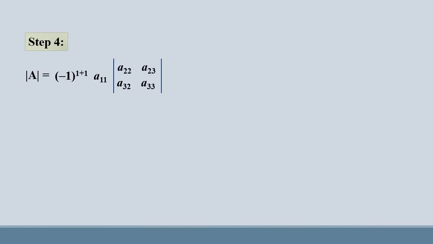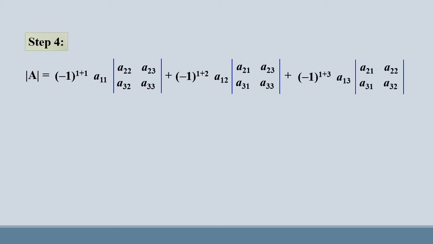So determinant of A will be equal to minus 1 raised to 1 plus 1 A11 into the 2 cross 2 determinant, plus minus 1 raised to 1 plus 2 A12 into the determinant A21, A23, A31, A33, plus for the third element, minus 1 raised to 1 plus 3 into A13 and the 2 cross 2 determinant.